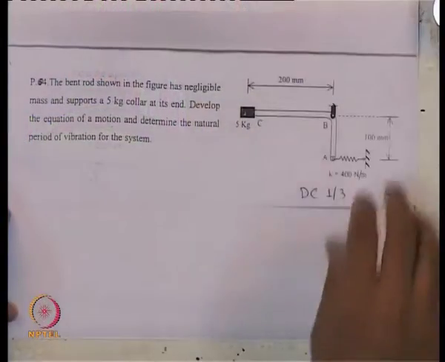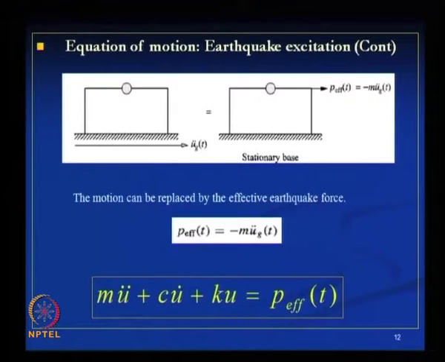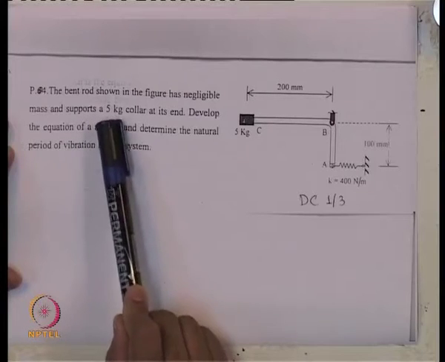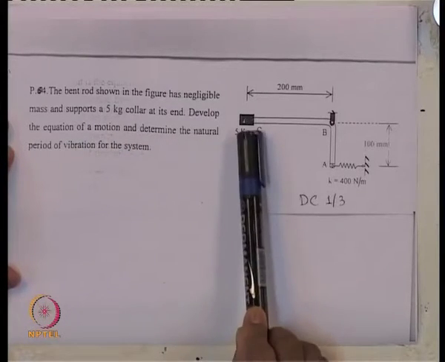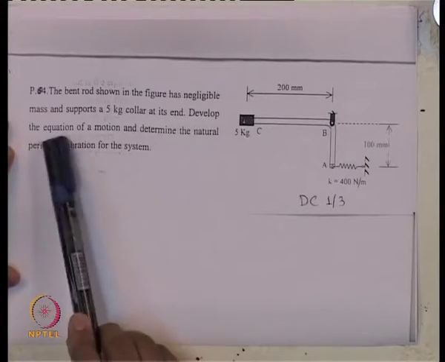Now, let us move to the solution of the remaining problems what we had given in the previous lecture. To start with the fourth problem, we have seen that it says the bent rod shown in the figure. So, this is a bent rod that has negligible mass.